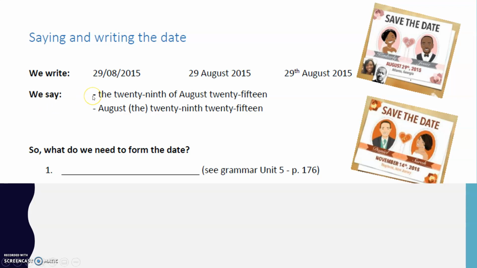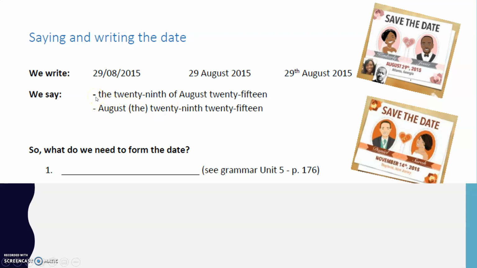The first one is the British version. The second one is the American version. British people would say, for instance, the 29th of August 2015. While American people would say August the 29th, 2015, or August 29th, 2015. So you can add the, but you can also drop it. Ja? Dus je mag daar kiezen.